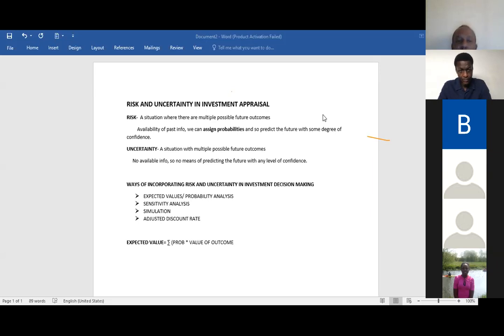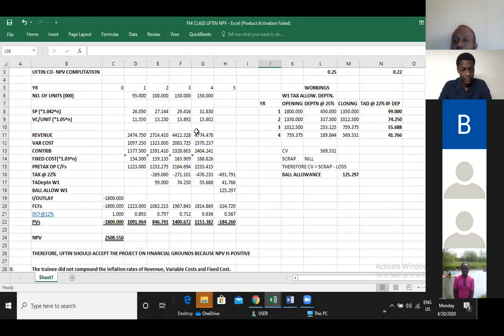Am I sharing my screen? Okay, let me share my screen so that you'll be able to see it as it comes up. What we did yesterday is here. And why I feel this is more important, a picture is not very valuable because you can't click on it. With this Excel spreadsheet, you can put your cursor on a figure and know how that figure was generated.